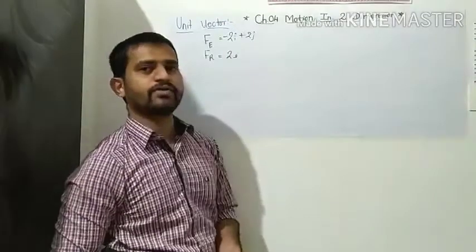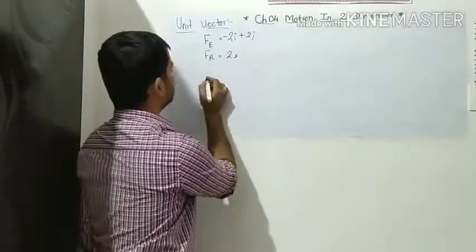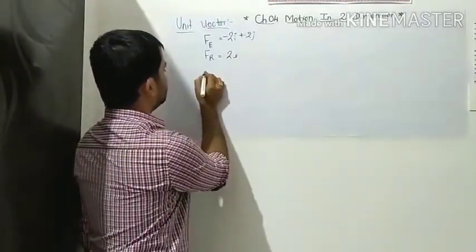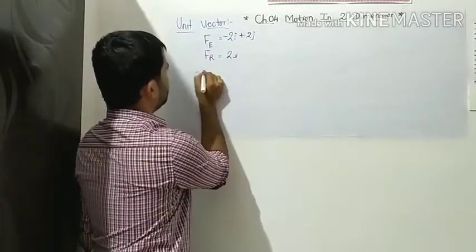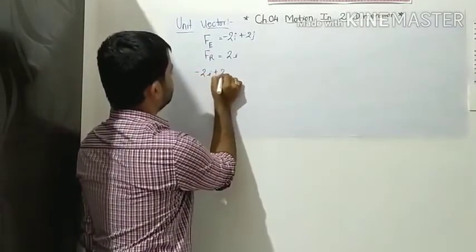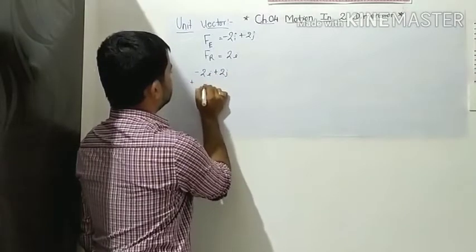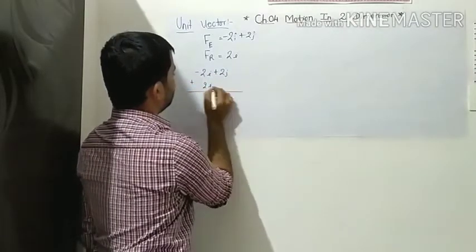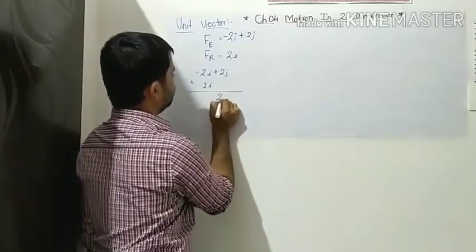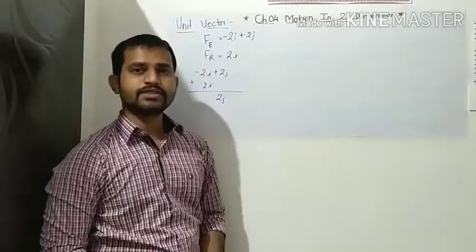Then how can we find the resultant? We just have to add these. So if we add, we get minus 2i plus 2j plus 2i, and here we get 2j. Okay, this is the resultant.